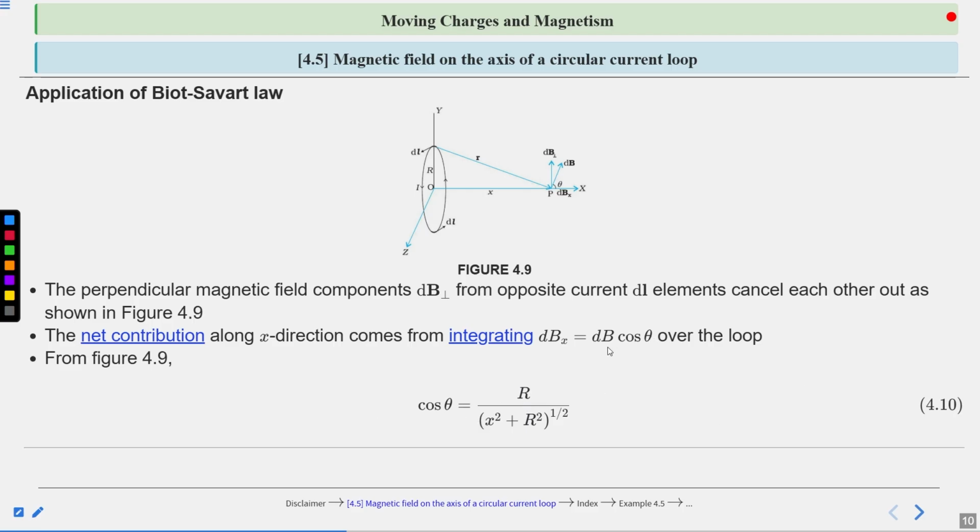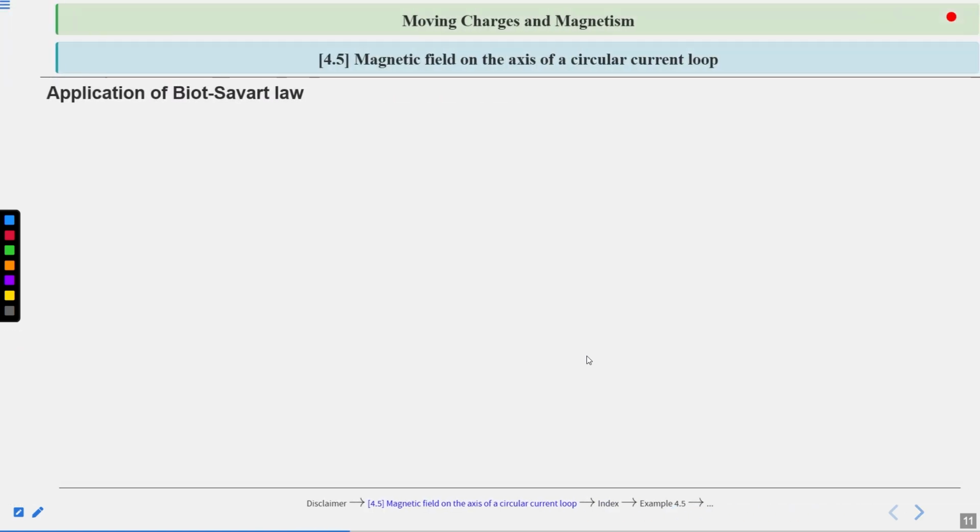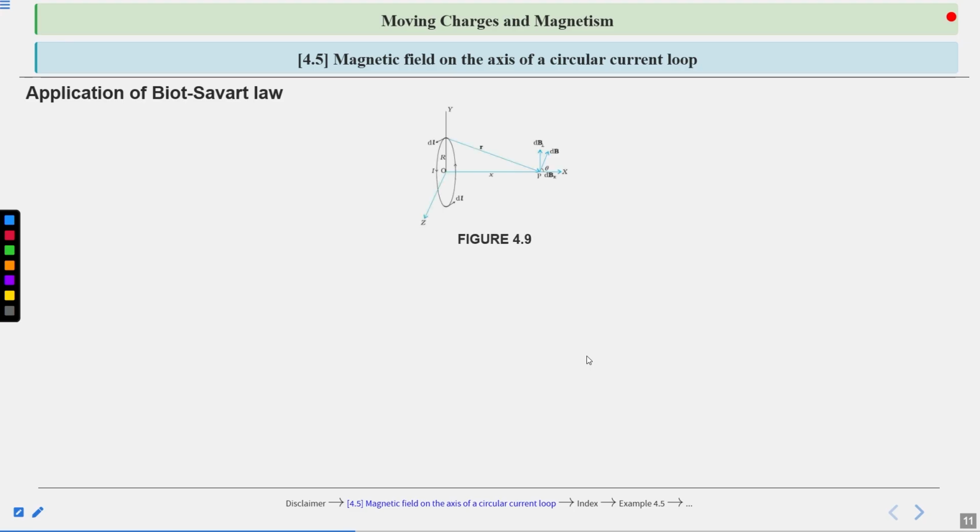So you have to put the value of dB that we found in equation 4.9 and cos theta that we have recently found into dB cos theta and find dBx. From equations 4.9 and 4.10, dBx is equal to, put the value of dB.